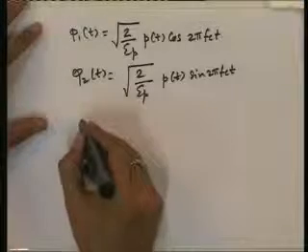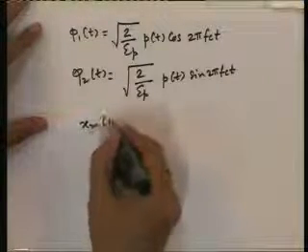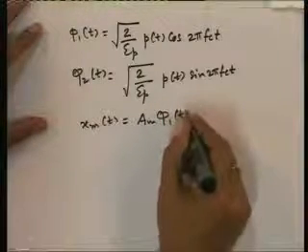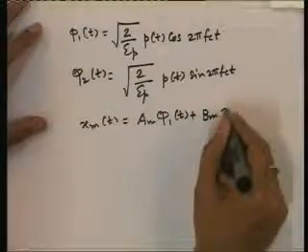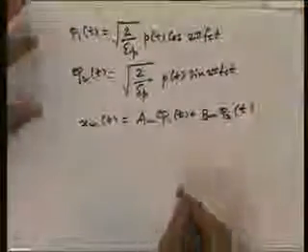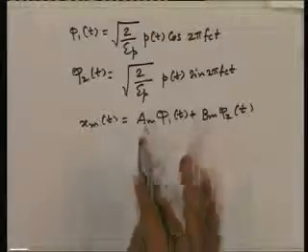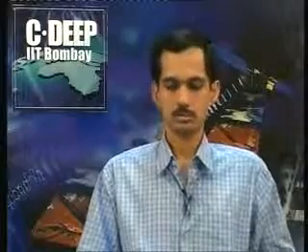Then we can say that any signal x_m(t) is Am phi 1(t) plus Bm phi 2(t). Remember that for PSK signal sets, Am and Bm had some relation. Am was cos 2 pi by capital M times small m, and Bm was sin 2 pi by capital M times small m, whereas here they need not have any relation. We can choose the points and then we can say that that is our QAM modulation.